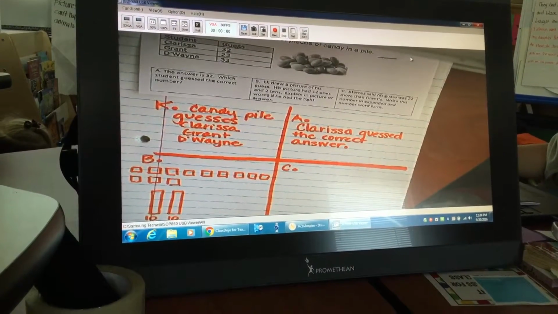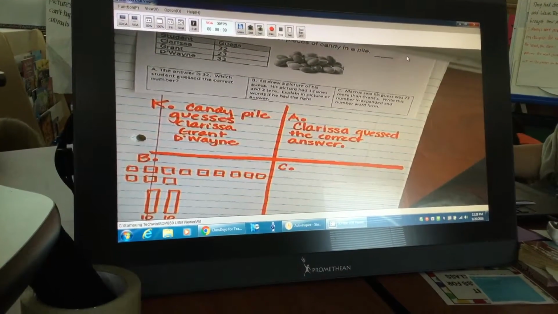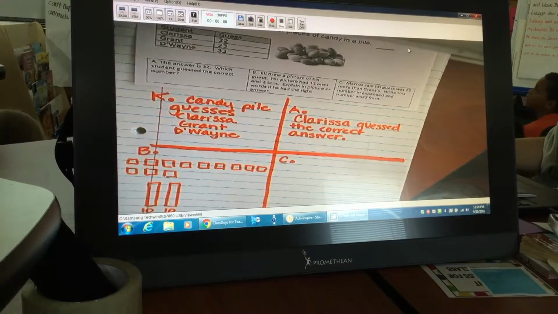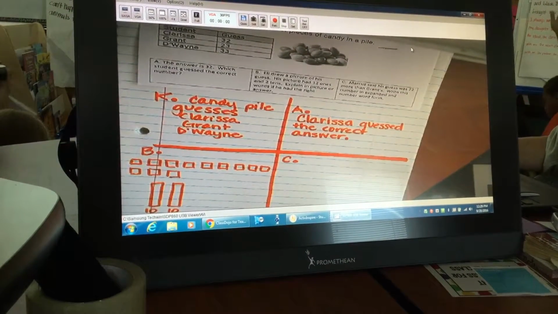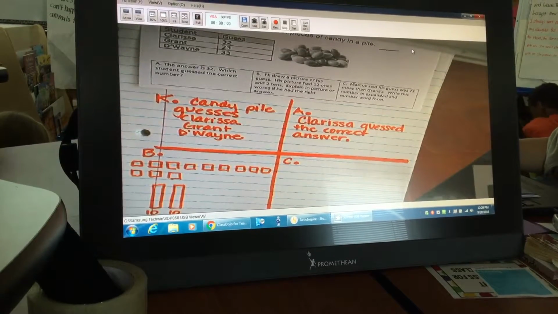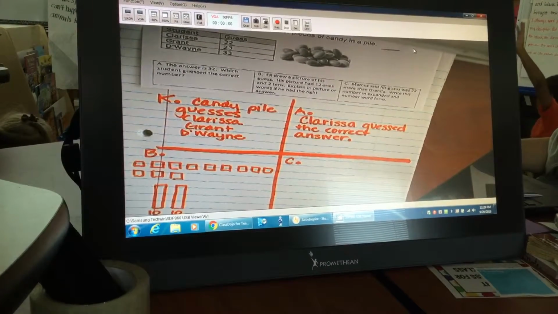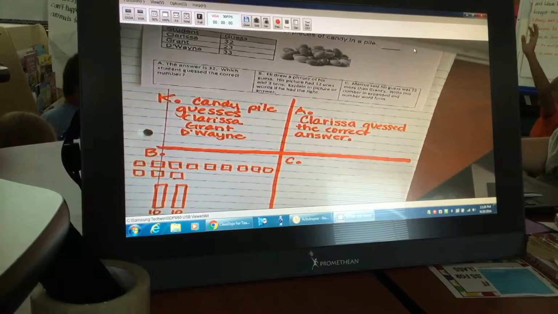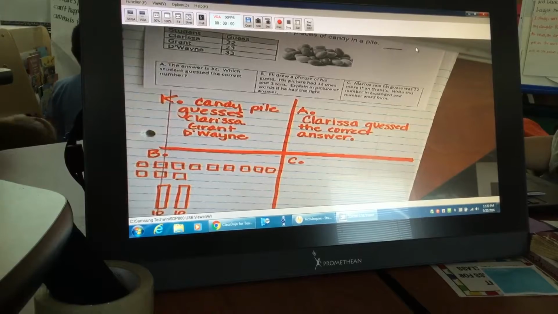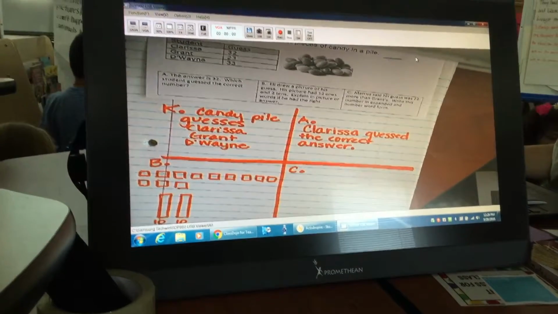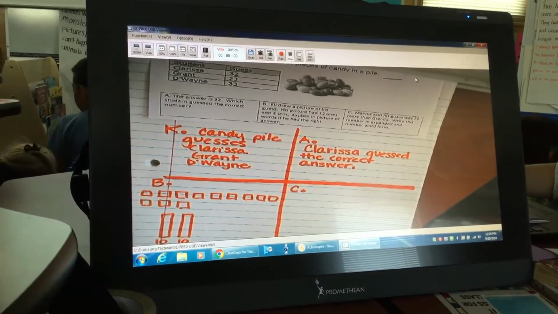Explain in picture or words if he had the right answer. So what was the right answer again? What was the right guess, Nicholas? Do you remember from question A? Do you see the number under Clarissa?